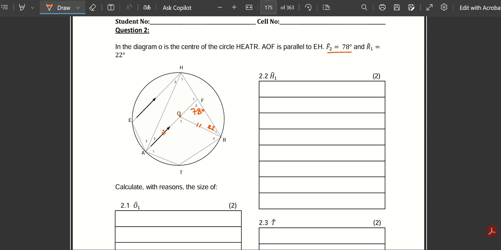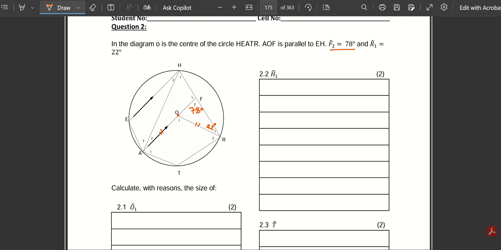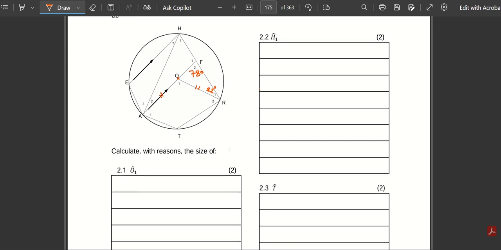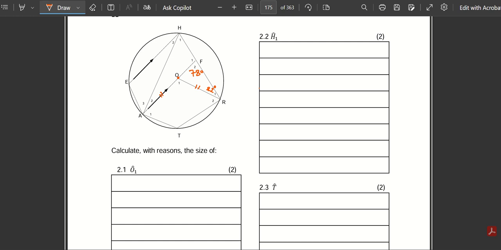Now, why do they give that information? Because that information is useful in the sense that we can use it to determine our first answer. So if you look at that here, we will see that because of this, I can now see that this is the exterior angle of the triangle. And what do I know about the exterior angle of a triangle?